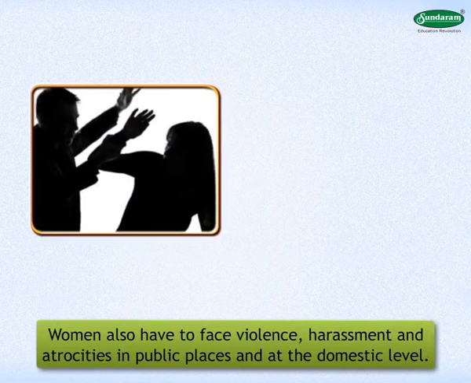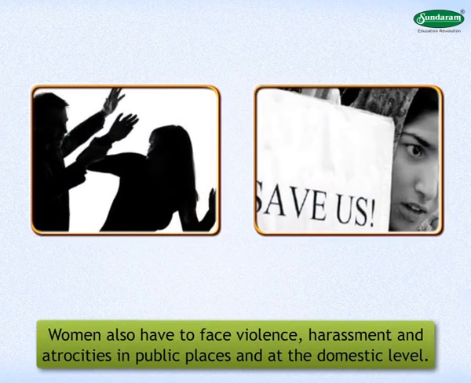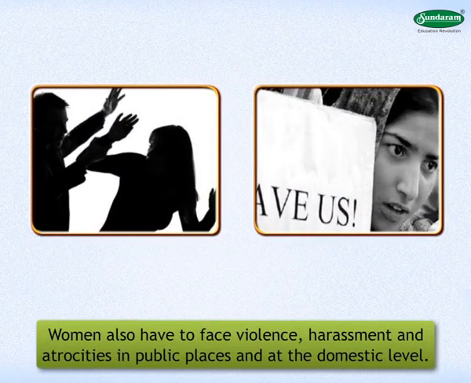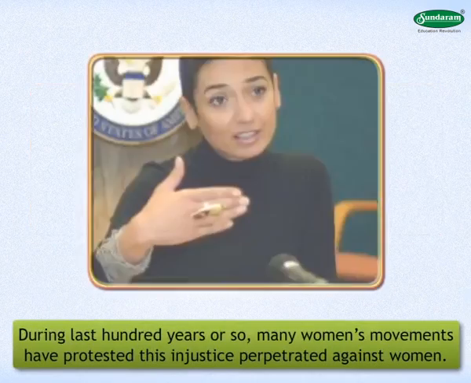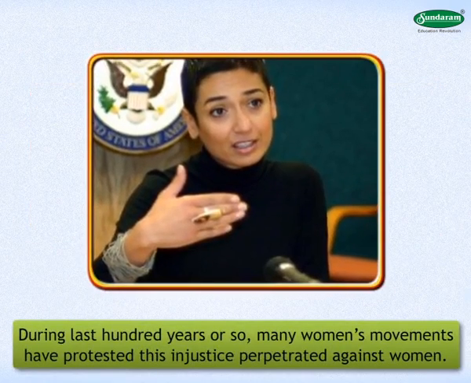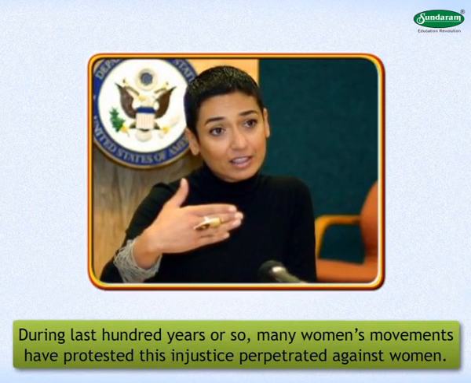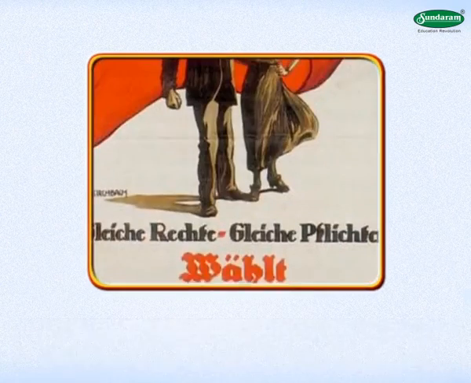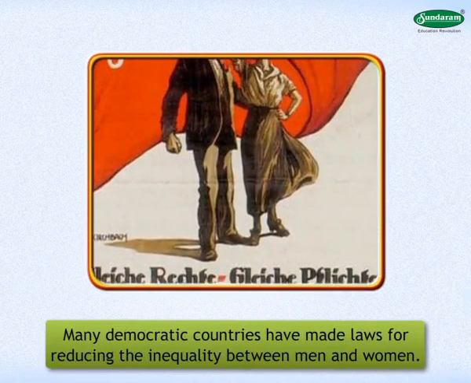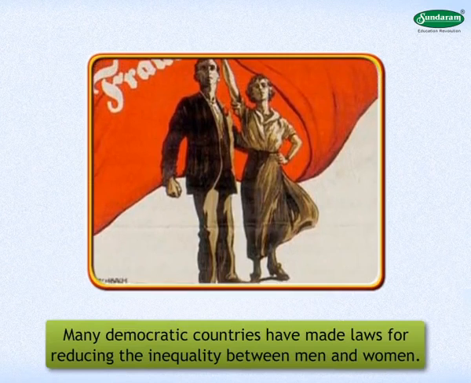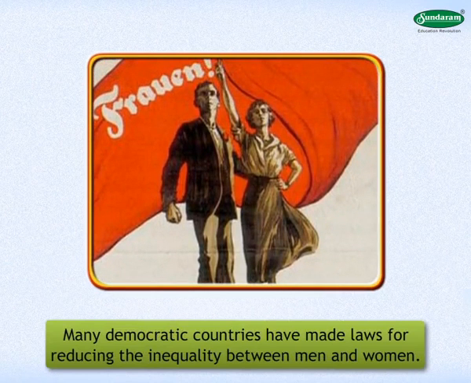Women also have to face violence, harassment, and atrocities in public places and at the domestic level. During last 100 years or so, many women's movements have protested this injustice perpetrated against women. Many democratic countries have made laws for reducing the inequality between men and women.